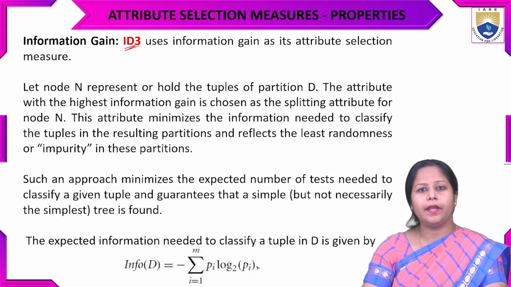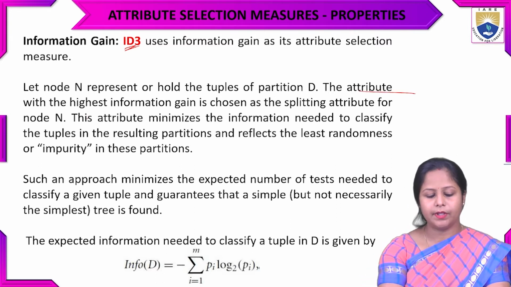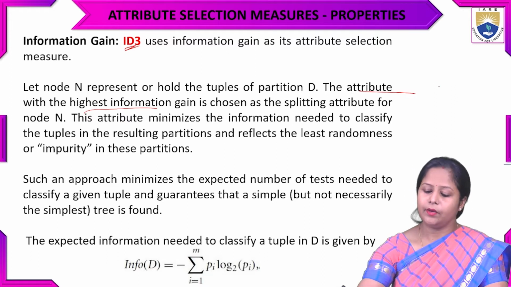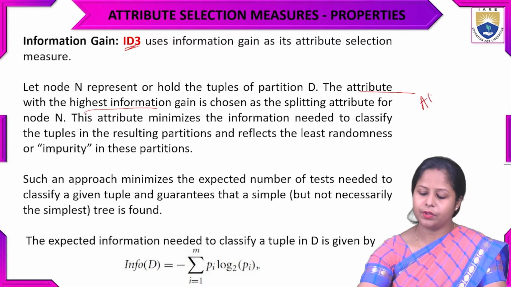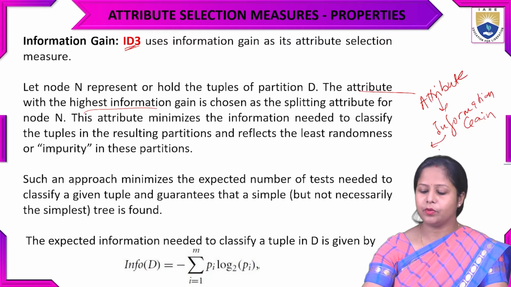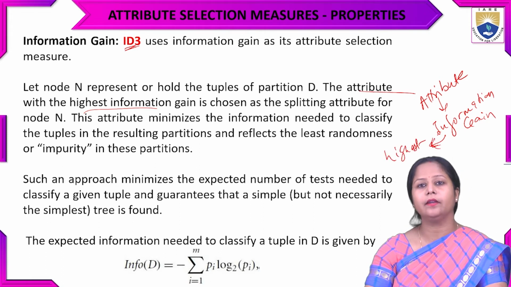If the node N represents the whole tuples of partition D, the attribute with the highest information gain is chosen as the splitting attribute of the node N. So we have to measure each attribute's information gain, and the attribute with the highest information gain will be chosen as the splitting attribute.